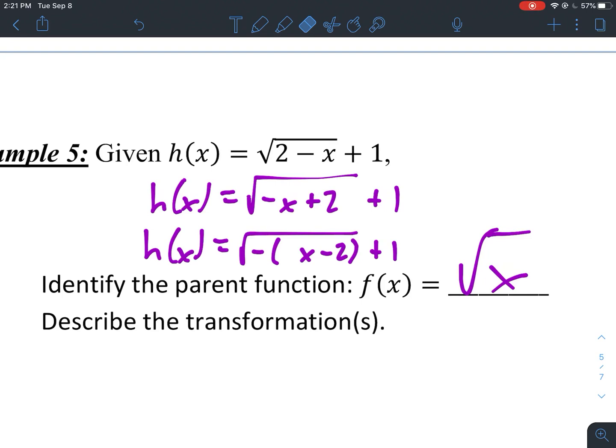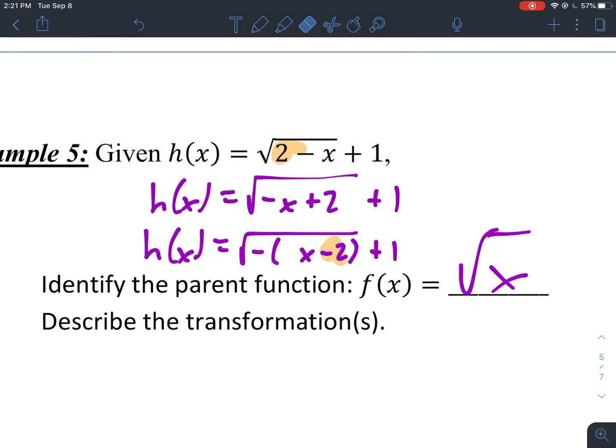Okay, the first negative sign out in front there, that is a horizontal reflection. And then the -2, and that's the key here, because a lot of kids, if you don't rewrite it, will get this part wrong. You'll see the +2 in the beginning, and you'll think, oh, that's going to move it to the left. But really, it's -2 here, so that's going to end up moving it to the right. That's why I highly suggest that you rewrite it like this first.